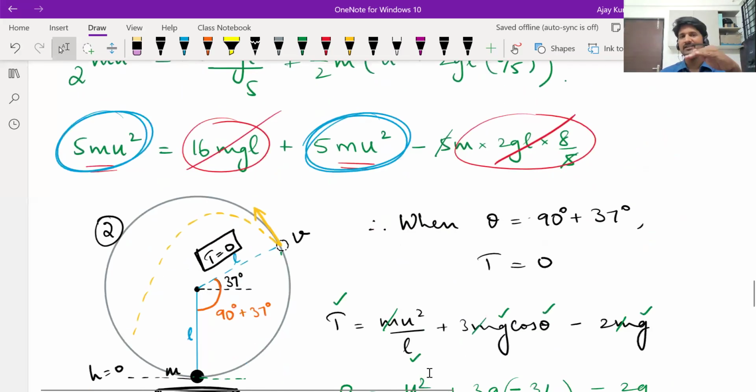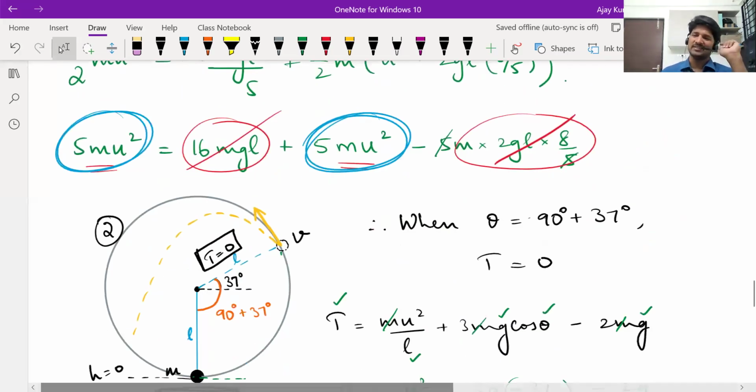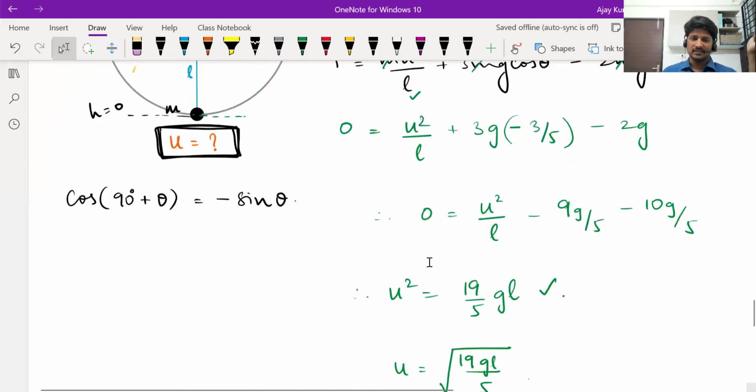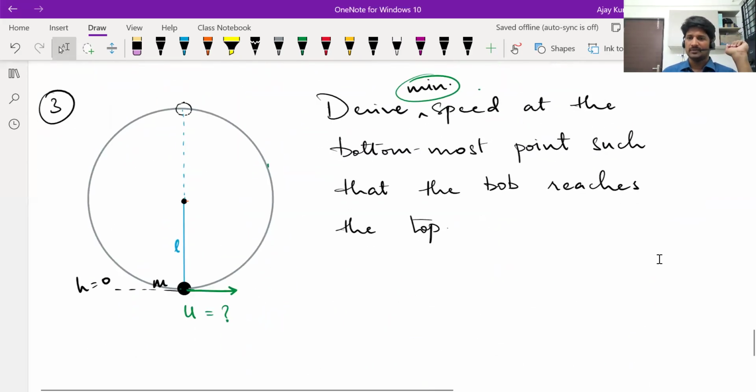Okay, we want the string to go to a certain position. Once it reaches there, the bob falls into the circle, meaning tension becomes 0. Based on where tension becomes 0, we were able to tell the initial speed. Now in the latest problem, where do we want the bob to go?